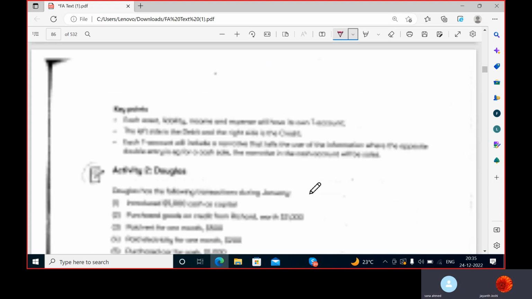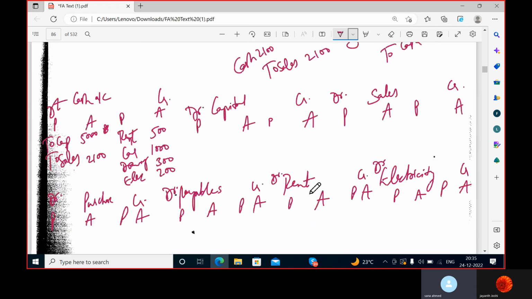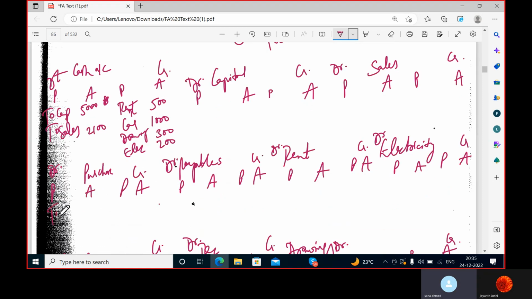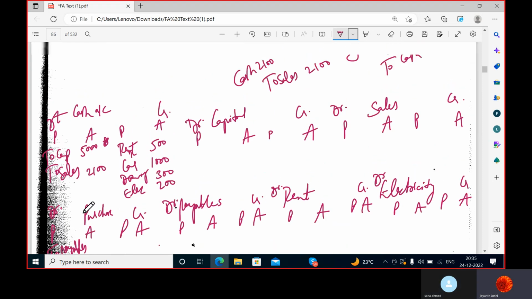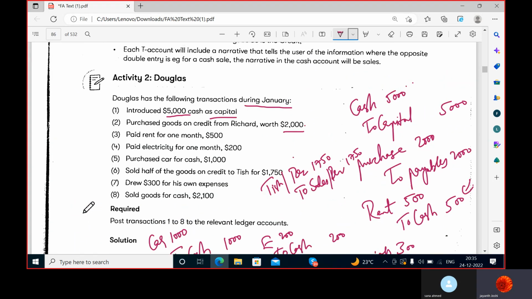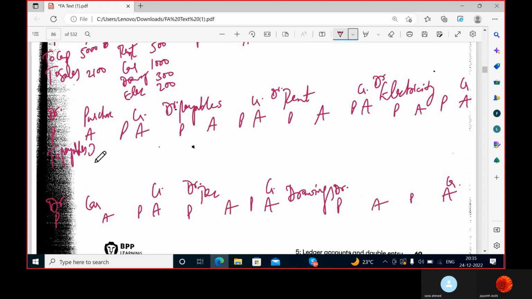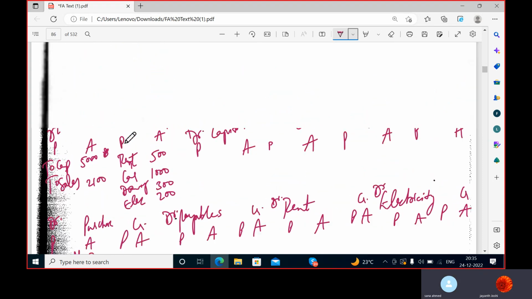So I'll write purchase in payables. What is the amount? The amount happens to be $2,000. And payables, definitely, what is payables actually?